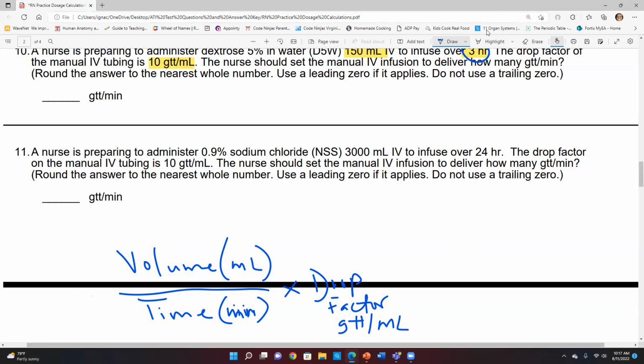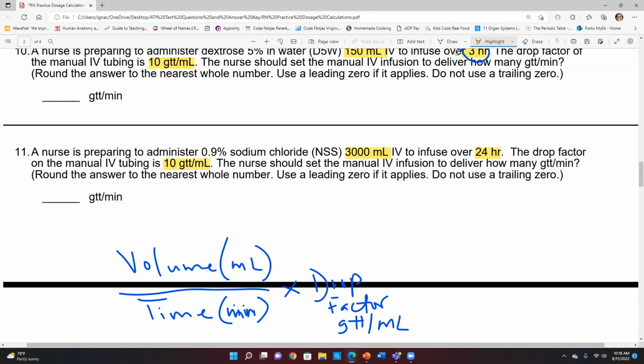So let's highlight the important values for this one. The nurse is preparing to administer 0.9% sodium chloride, right? So that's just your normal saline, 3,000 mLs to infuse over a 24-hour period. The drop factor that's given is 10 drops per ml, right?